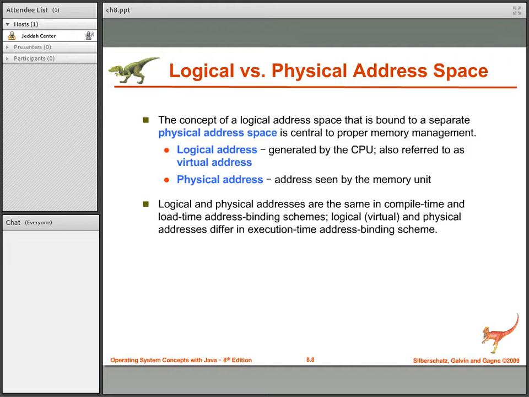And when we talk about the physical address, this is the actual address as seen by the memory itself.